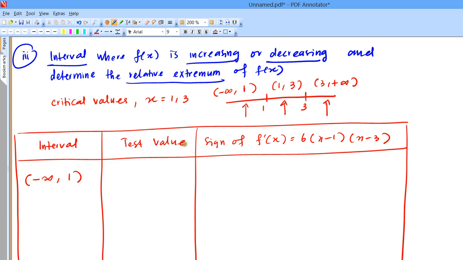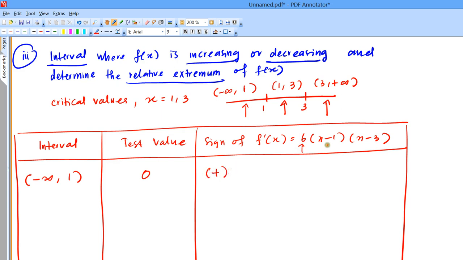Test value is actually the value of x within this interval, negative infinity to 1, not including negative infinity and 1. So we can choose x equal to 0, and then you just need to substitute into f prime x. The first term is a constant, and the constant is positive.